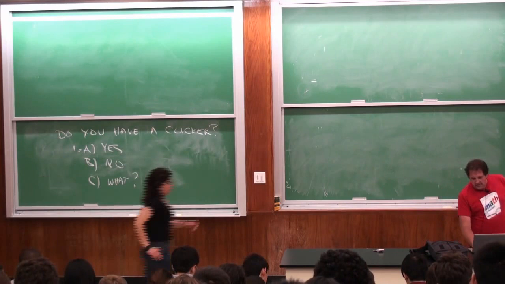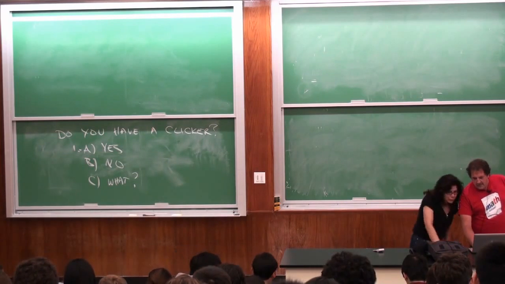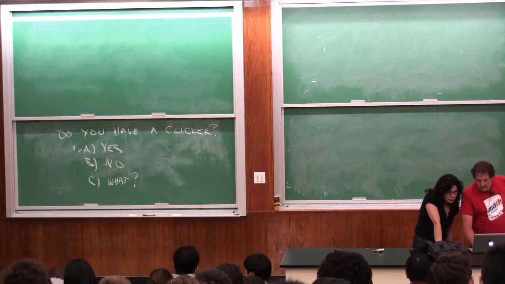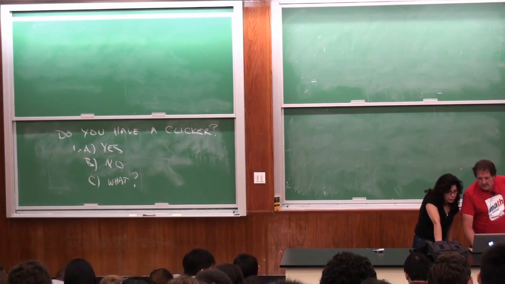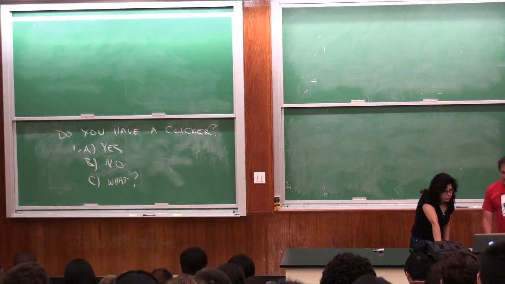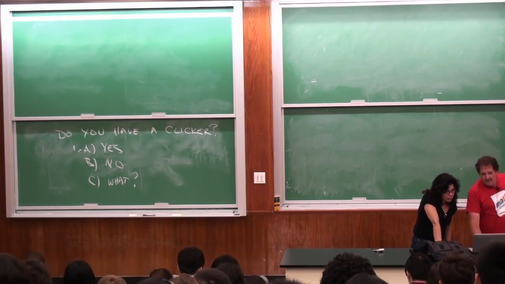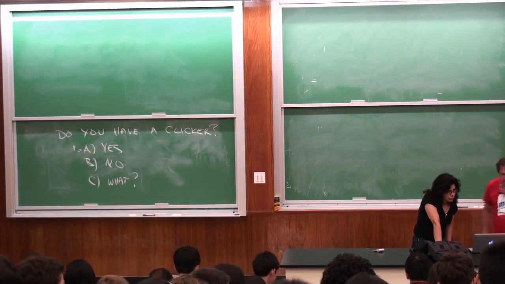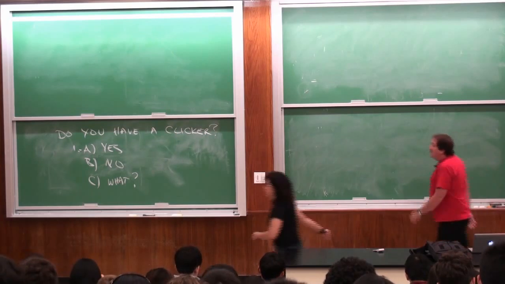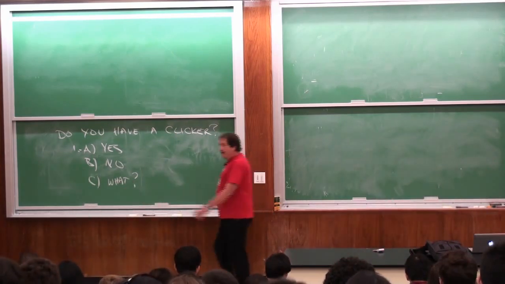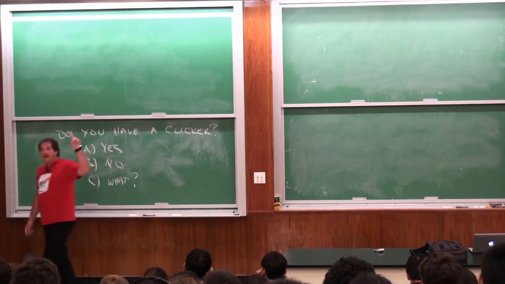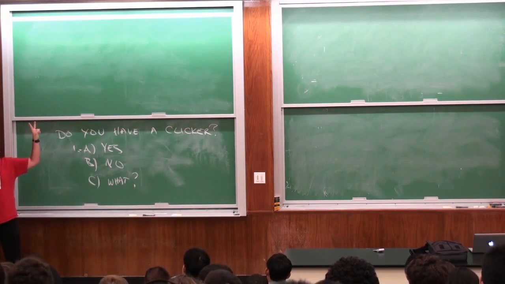Give it a try. You can still do it. Alright, so I'm going to start. And there's people answering. Yay! The way the clickers are graded, by the way, is you get 1 point for answering and 1 point for answering correctly.